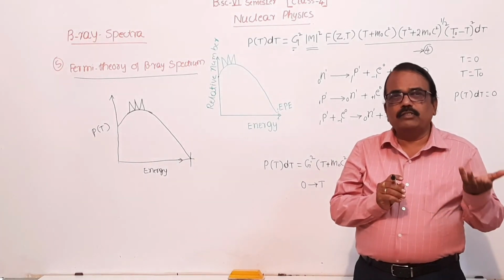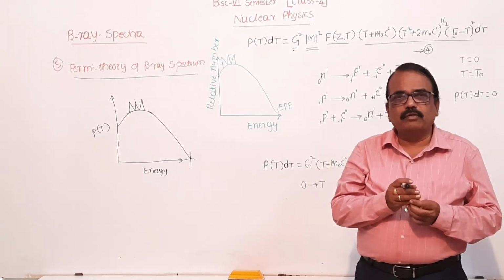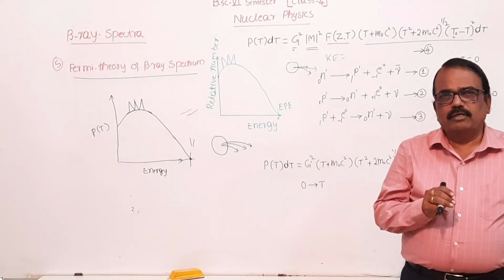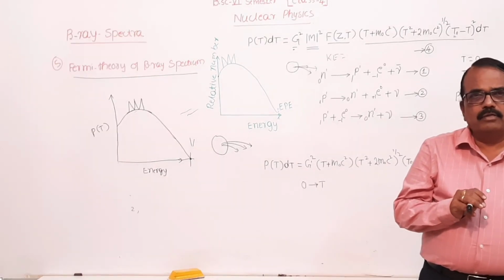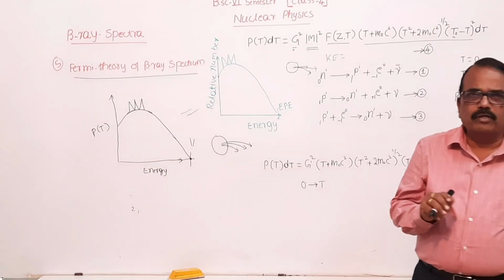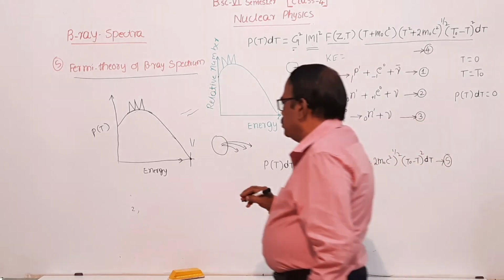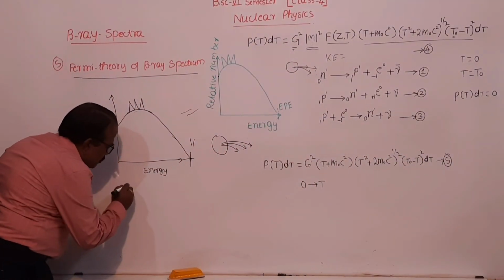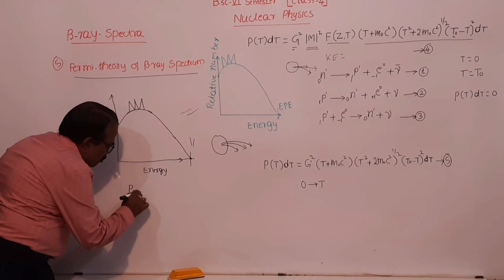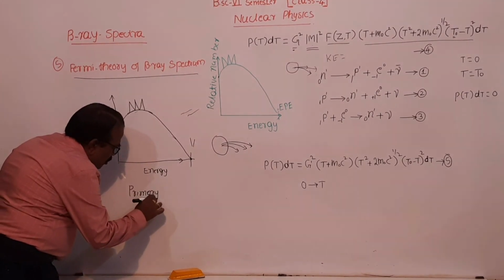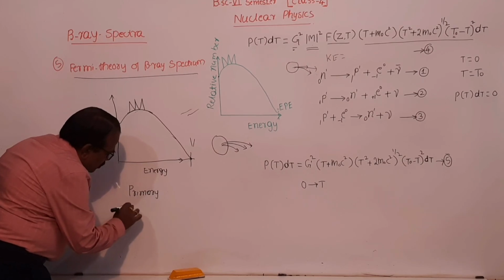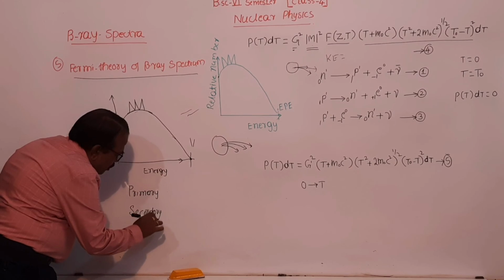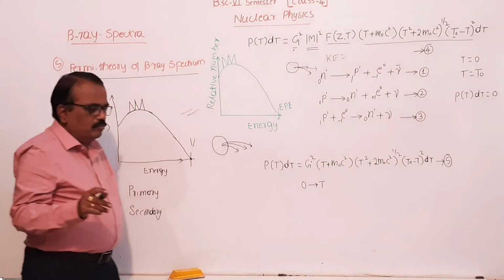Why do they give a line spectrum instead of a continuous emission spectrum? There are two types of electrons emitted by the nucleus of the radioactive element. One electron is known as the primary electron, or disintegrated electron. Another is known as the secondary electron or internal conversion electron.